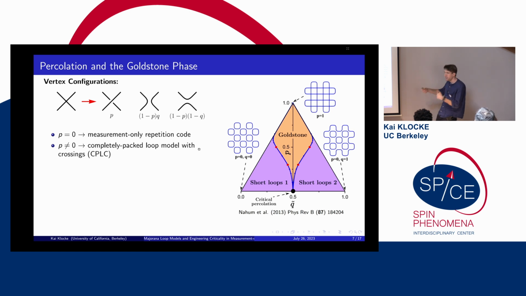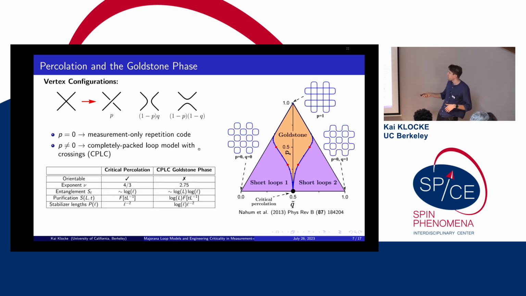And because there's this identification between loop observables and entanglement quantities in the circuit, that means that if I were to go implement a circuit that falls in this Goldstone phase, I'm going to see corrections to things like entanglement. So instead of log L entanglement at the percolation critical point, in the Goldstone phase, I have log L squared.